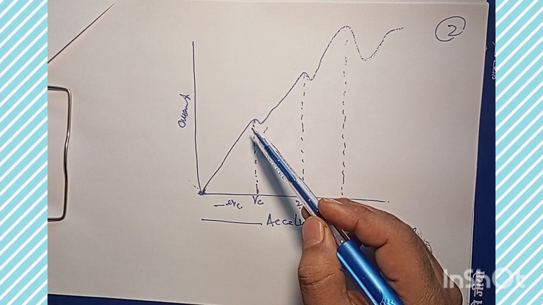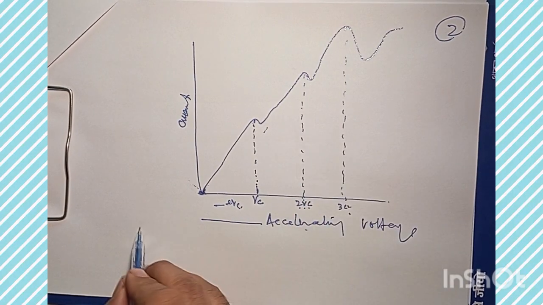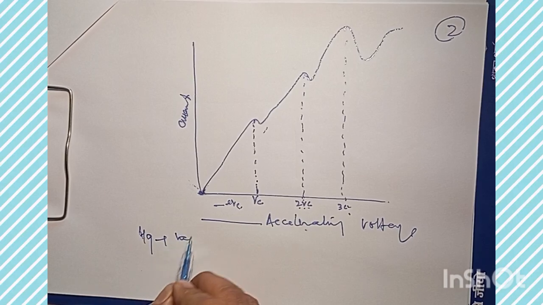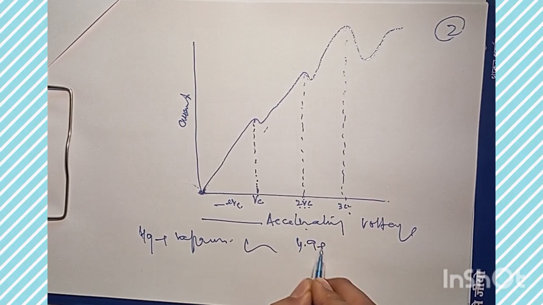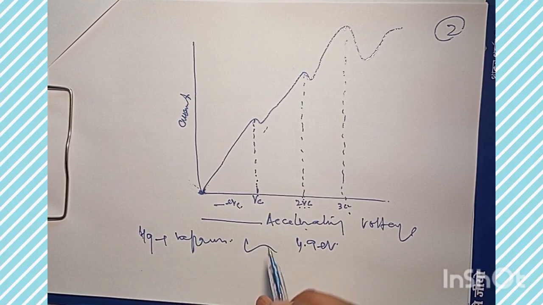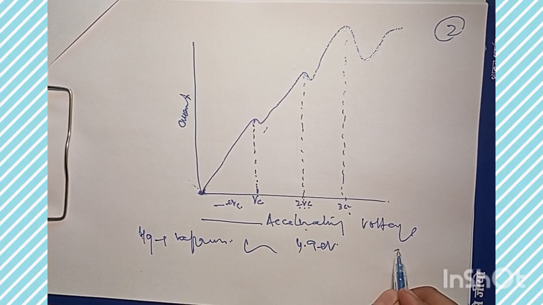For example, in the case of mercury vapors, they found that the minimum electron energy is nearly 4.9 electron volts. They could not find this below 4.9 electron volts.